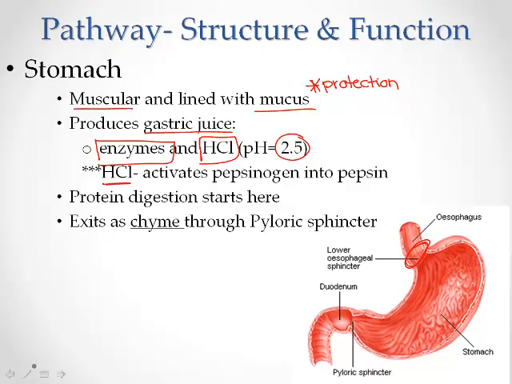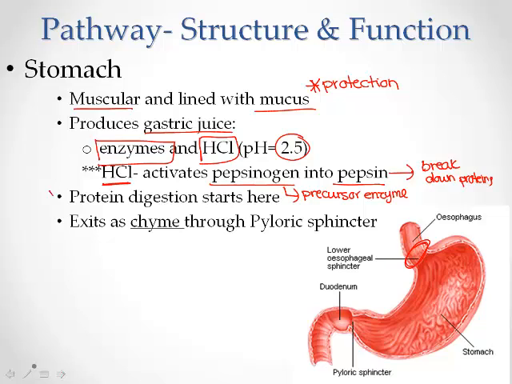So we have HCl in our stomach to activate pepsinogen to turn it into pepsin. Pepsinogen is a precursor enzyme, and it requires the hydrochloric acid in order to activate it to turn into pepsin, and pepsin is our enzyme that is going to break down proteins.